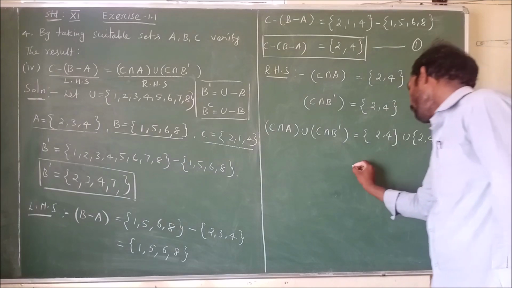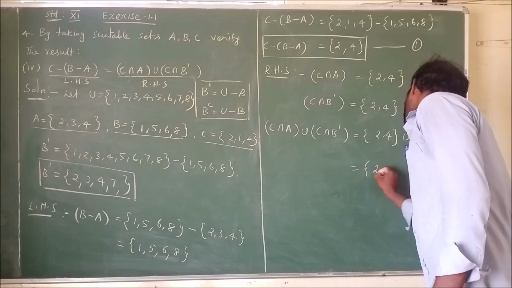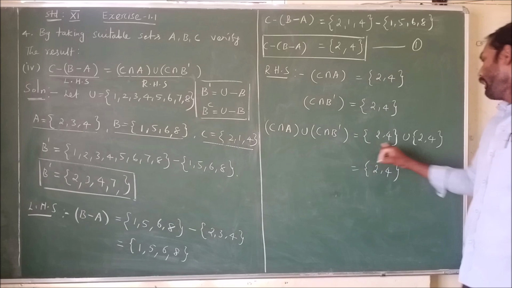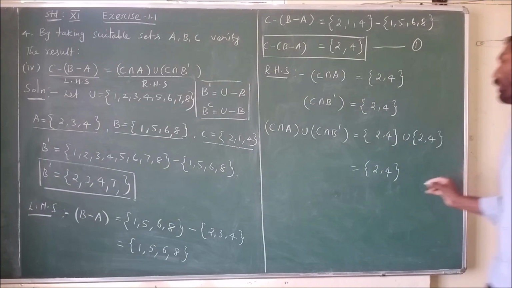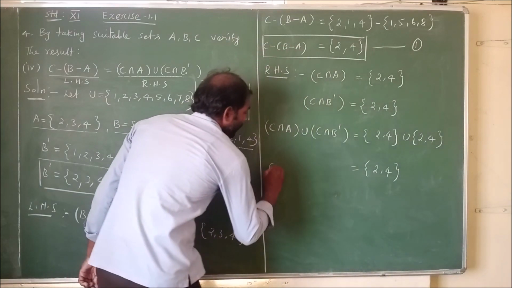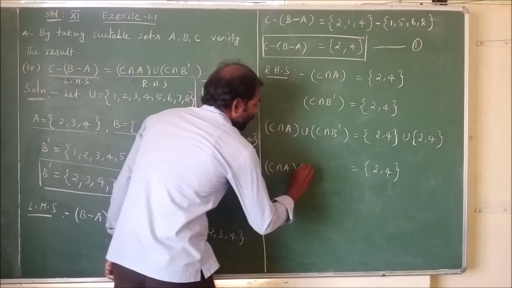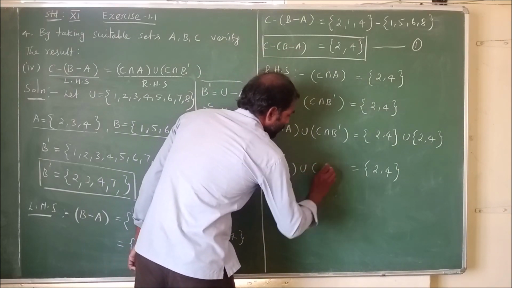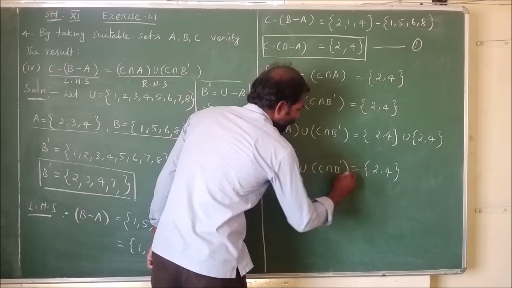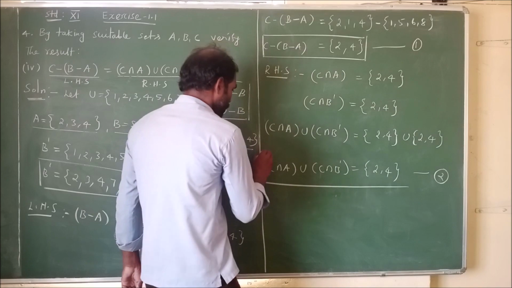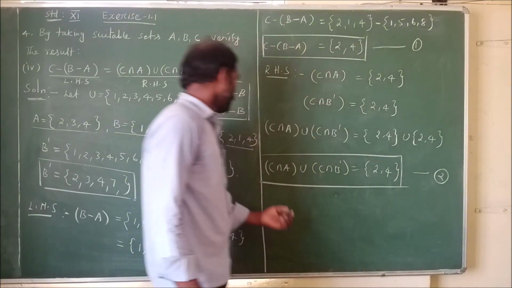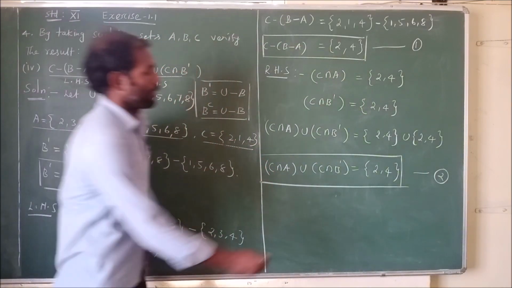Therefore, the union of the two sets is 2, 4, since the two elements are common. So 2, 4. This one is C intersection A union C intersection B dash.